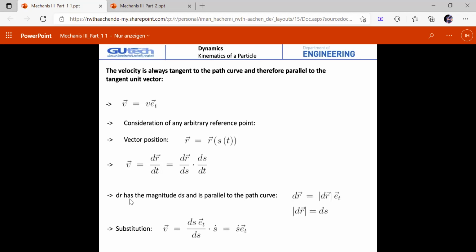Then dr has the magnitude ds and is parallel to the path curve. That means dr is the absolute value of the vector in the ET direction, and dr is only ds, as by definition we said here.